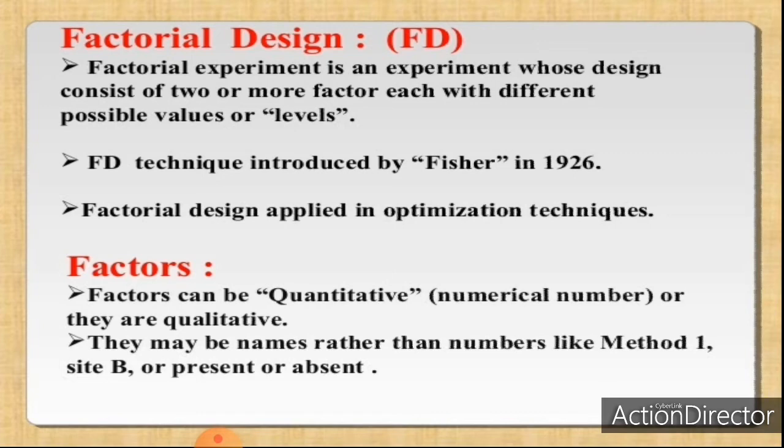Here a factor can be quantitative or qualitative. They may be names rather than numbers, like method 1, site B, or present or absent. So these are all about factorial design.